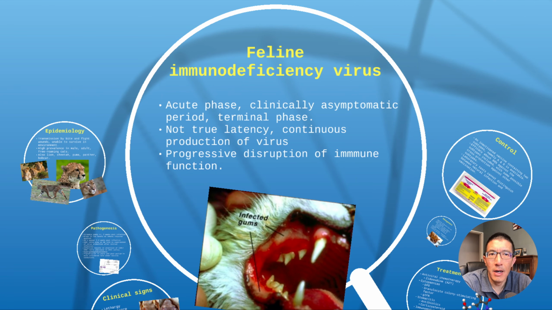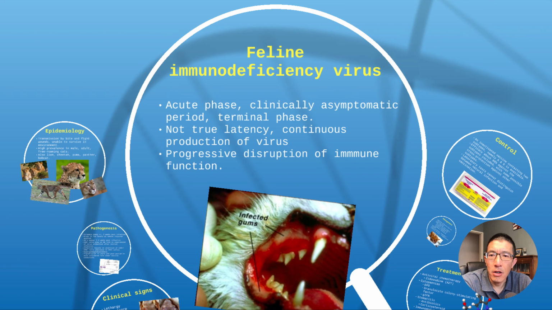So on to the first virus, feline immunodeficiency virus. This virus is recognized by different stages of infection. There can be a long incubation period before an acute phase. This is followed by an asymptomatic phase, which can last months or years, before a chronic terminal phase.